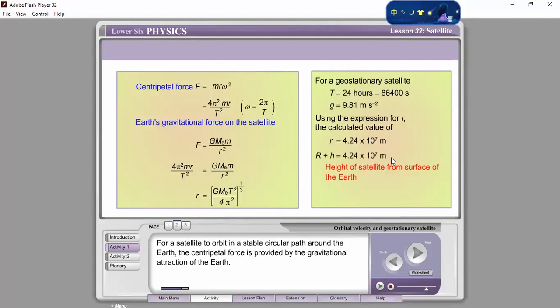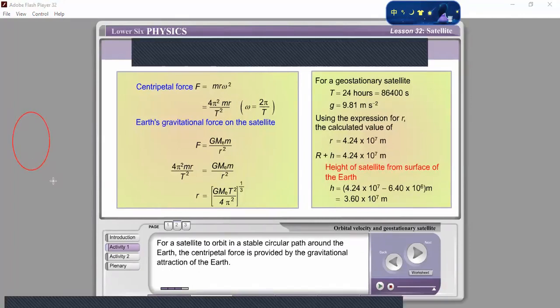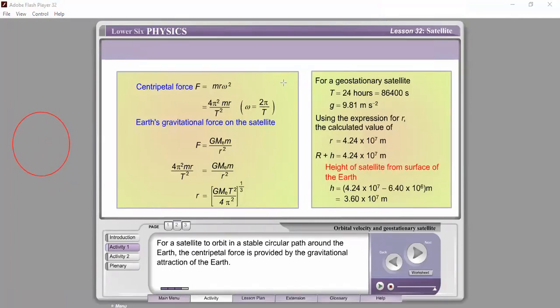R plus h equals 4.24 times 10 to the power 7 meters. Therefore, height of satellite from surface of the Earth, h, equals 4.24 times 10 to the power 7 minus 6.40 times 10 to the power 6 meters, which equals 3.60 times 10 to the power 7 meters.